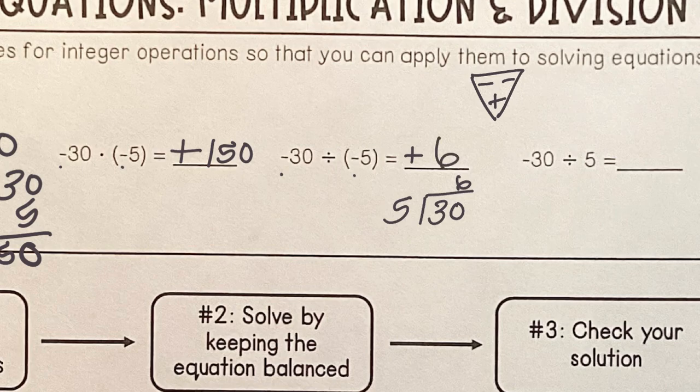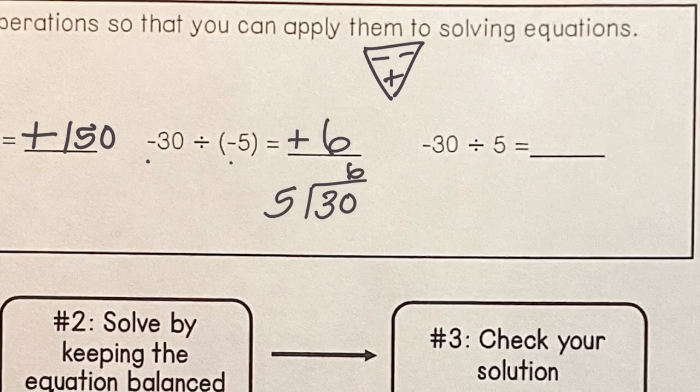So therefore, my answer will be a positive 6. And for the last one, I have negative 30 divided by 5. So that's a negative number divided by a positive number. My signs are different, so that means my answer will be negative. And I know 30 divided by 5 is 6, so that answer is going to be a negative 6.